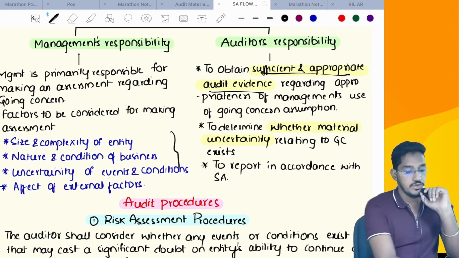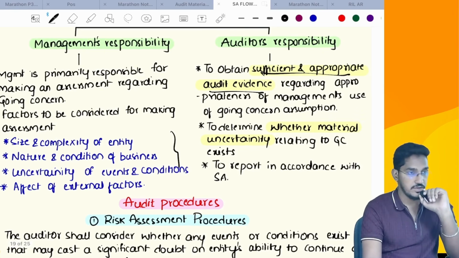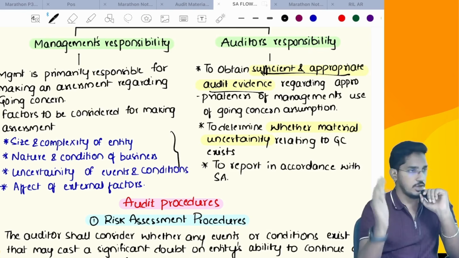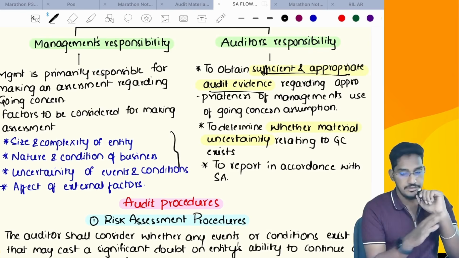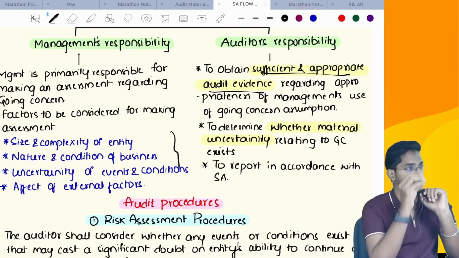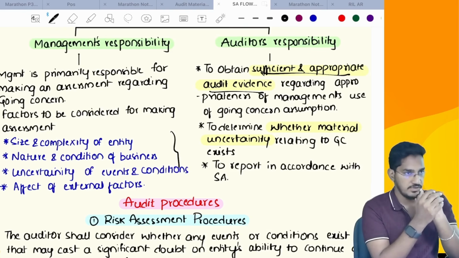So your objective is to obtain what? Sufficient and appropriate audit evidence. To obtain that, you need to perform audit procedures. What audit procedures you will perform, we will discuss later. But after performing all the audit procedures, the auditor will be left with some observations and findings.